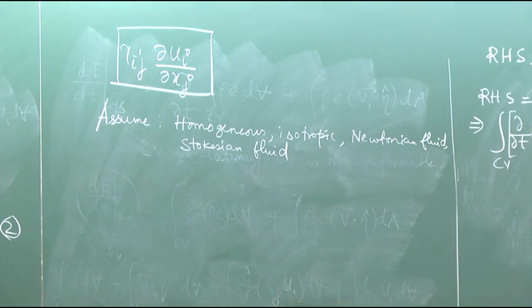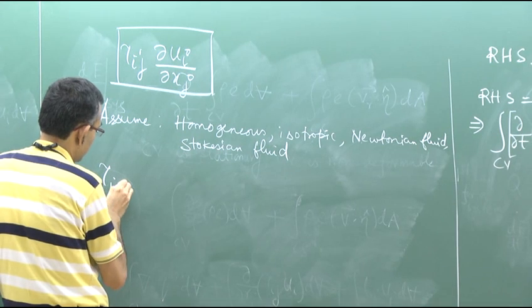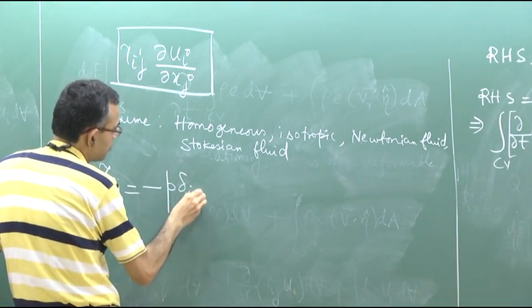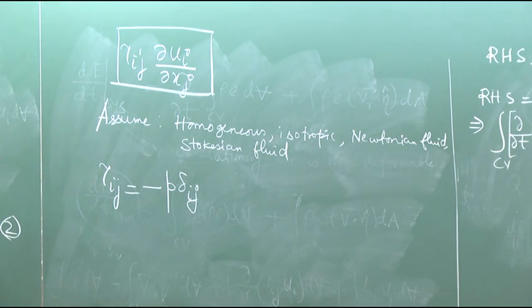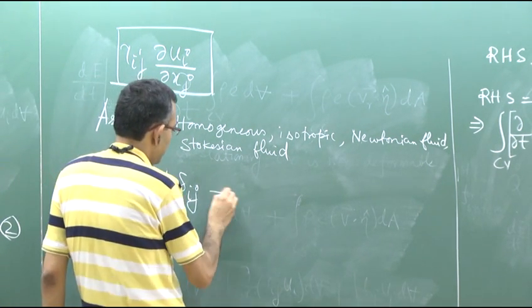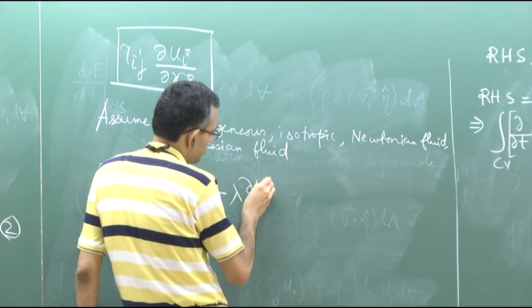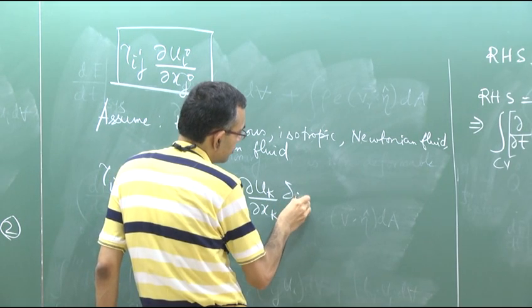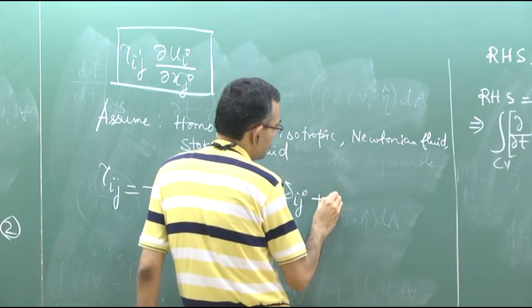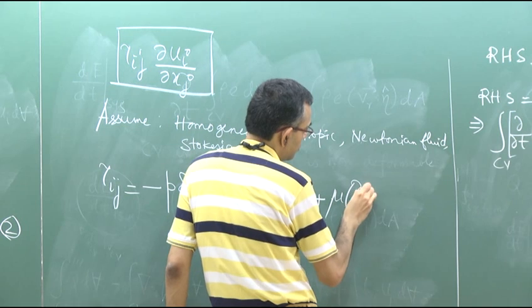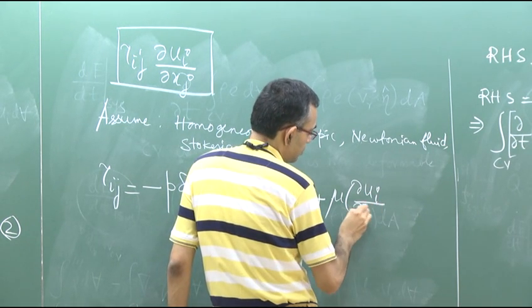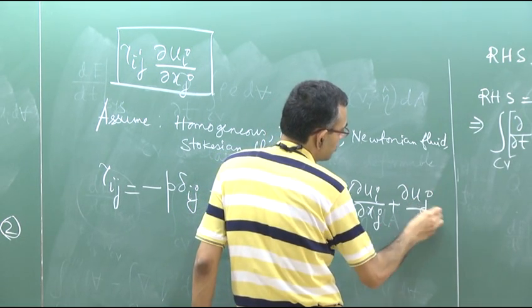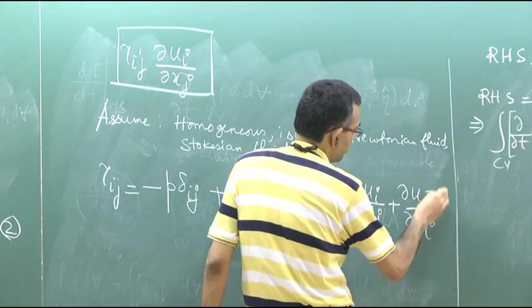So, tau ij is minus P delta ij plus lambda del u k del x k delta ij plus mu into del u i del x j plus del u j del x i.